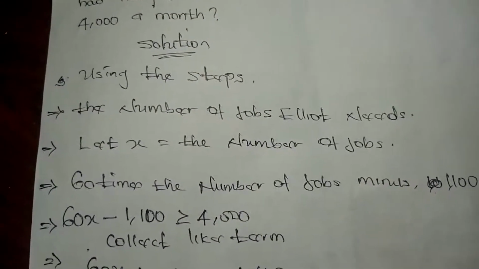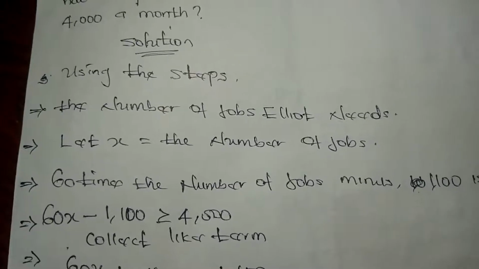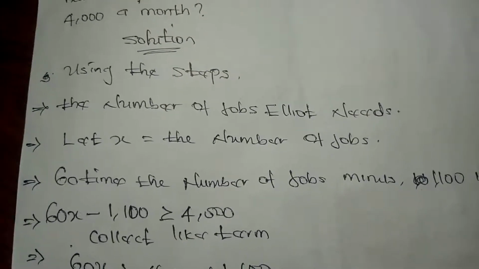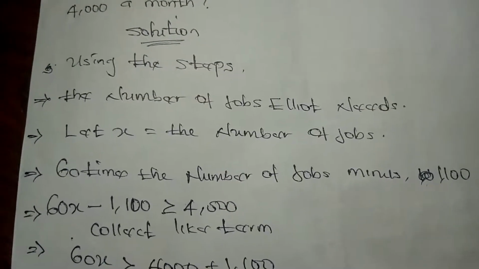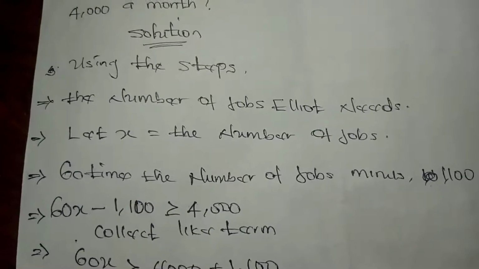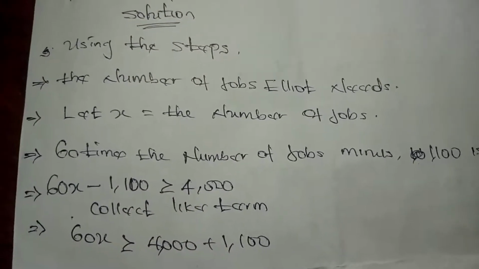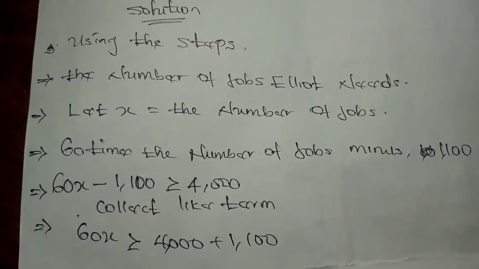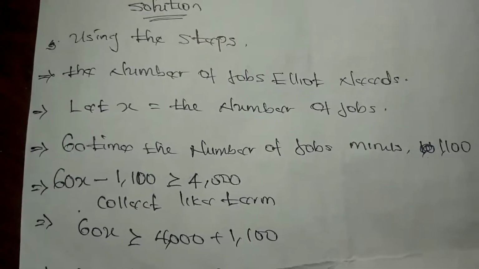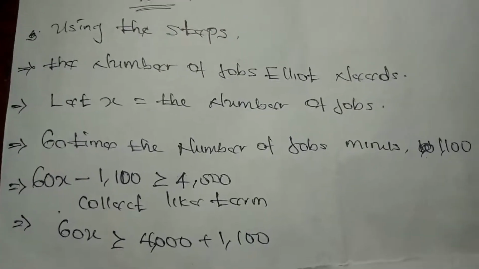Step 2. What are we looking for? The number of jobs Elliot needs. That's what we're looking for. Now, step 3. Name what we're looking for and put a variable to it.